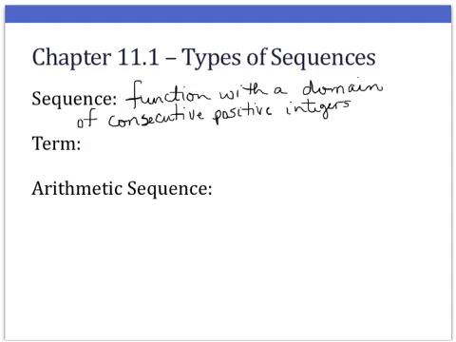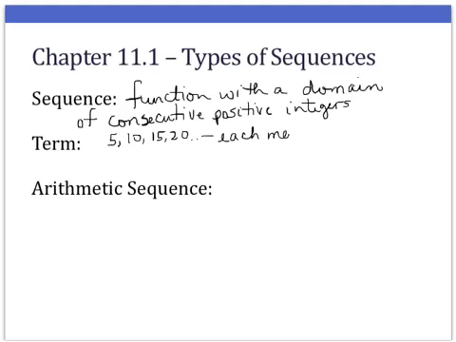Now, an example of a sequence would be a list of numbers like 5, 10, 15, 20. Each individual member of this sequence is a term.